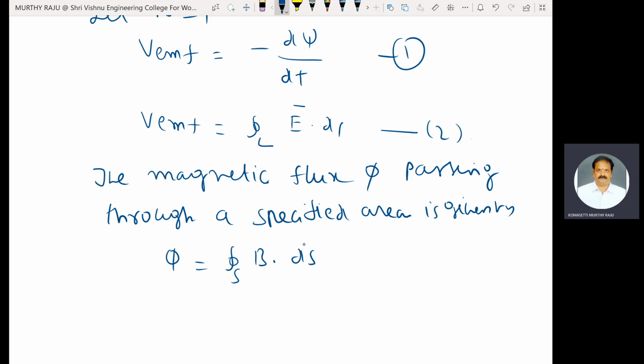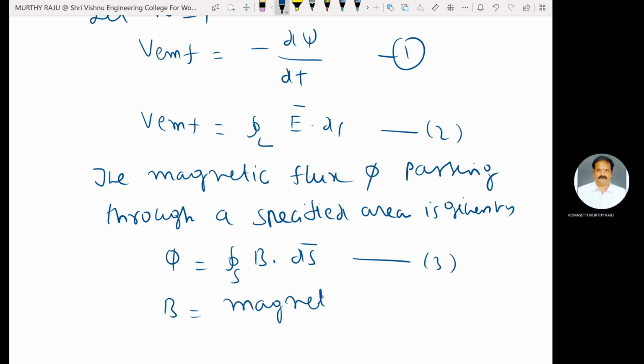This is equation number 3, where B is called the magnetic flux density.